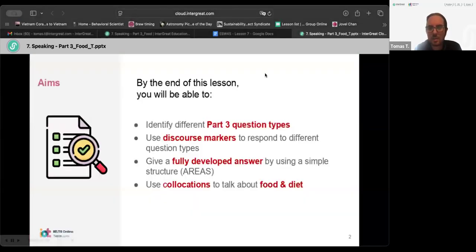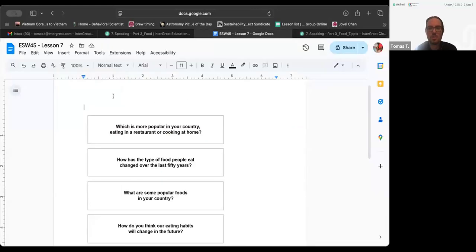In today's class, we're going to look at part three. Until today, we've looked at part one and part two. Now we will move on to this part of the speaking test and also look at the topic of food and diets. I'm going to give you some vocabulary related to this topic, as well as one key lesson from before: discourse markers. You will see this phrase used many times, and you might see it in different ways online.